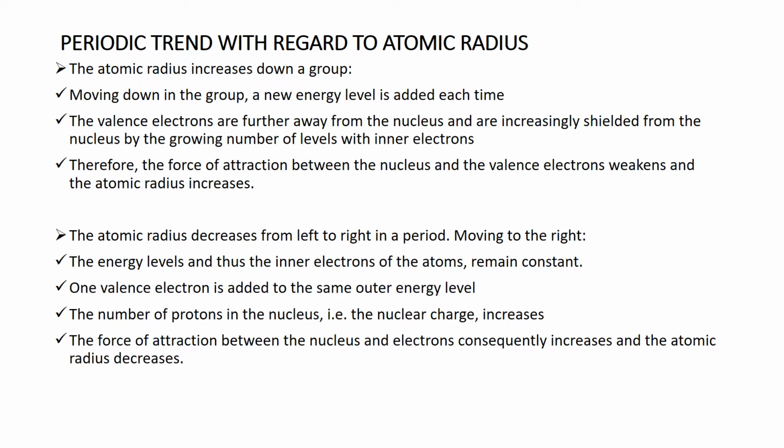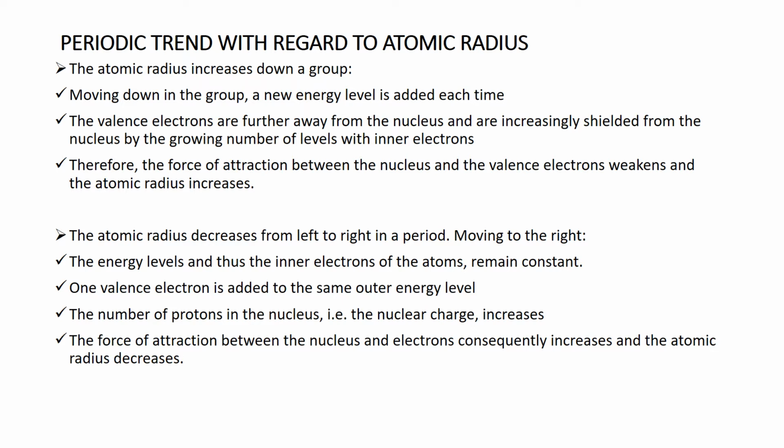So you can think of this as a group of people who have created a circle for people to come and dance at the center of the circle. As this circle of people grows, the people at the back will not be able to see clearly the person who is dancing at the center of the circle. Their view will be blocked, or they are going to be shielded by the people at the front.